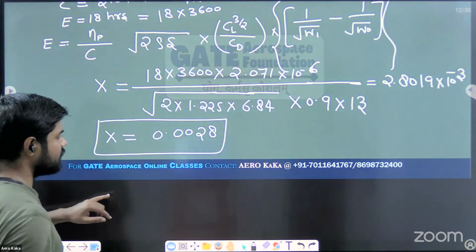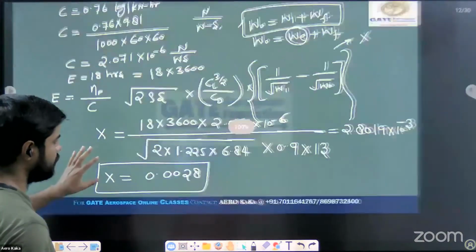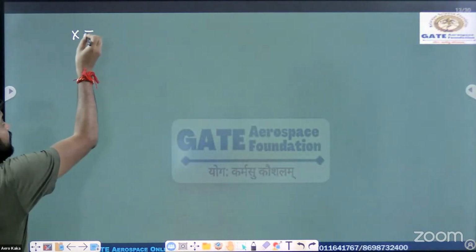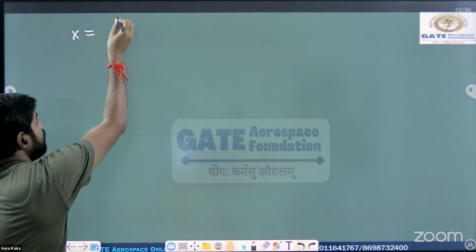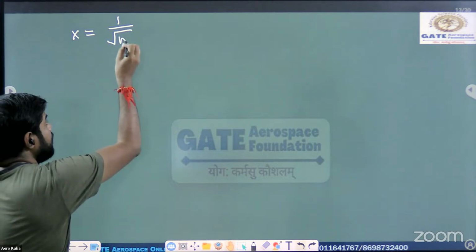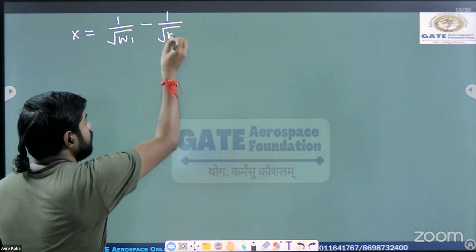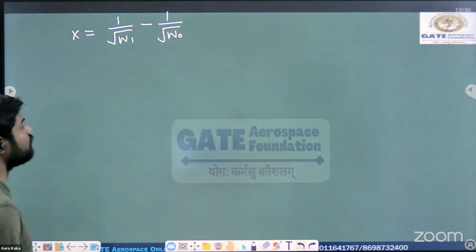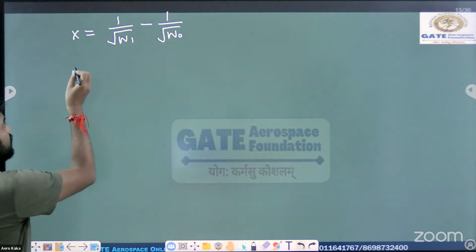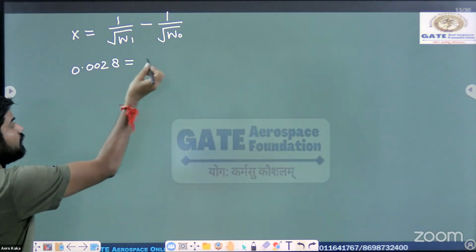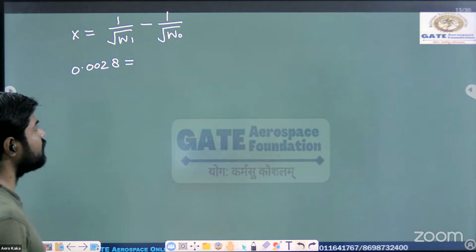Now, what is capital X? This capital X is nothing but we have taken 1 upon root of W1 minus 1 upon root of W0. Say yes or no. So this X value is 0.0028. Now, the overall weight of this aircraft is given or not?